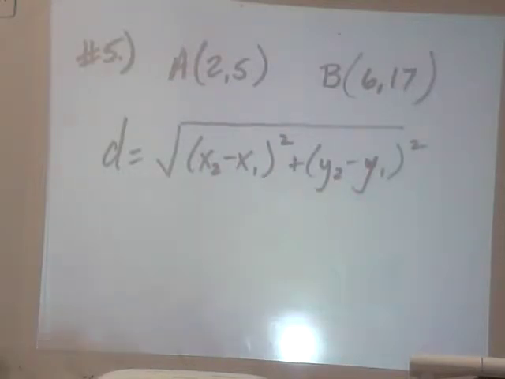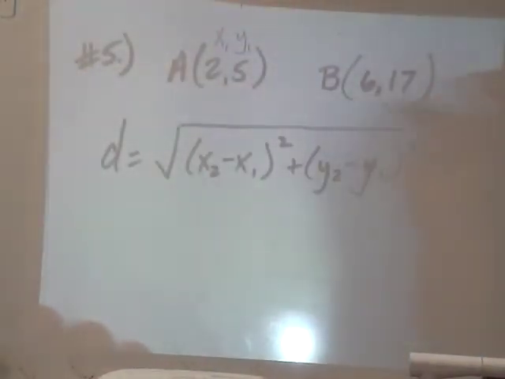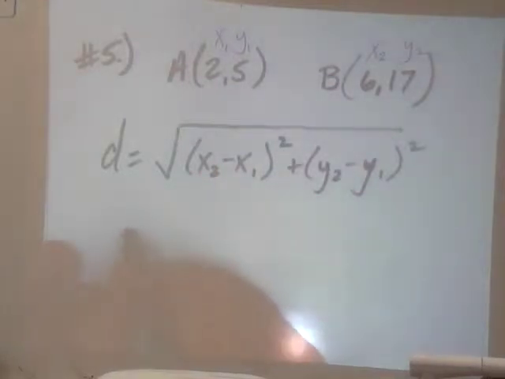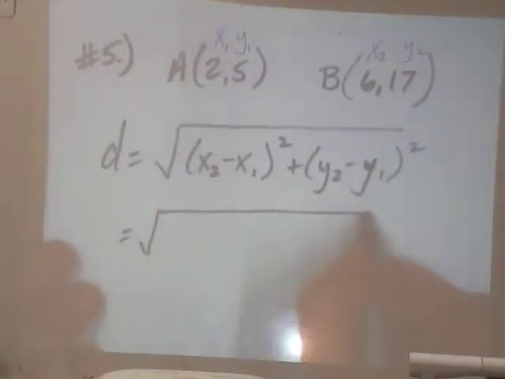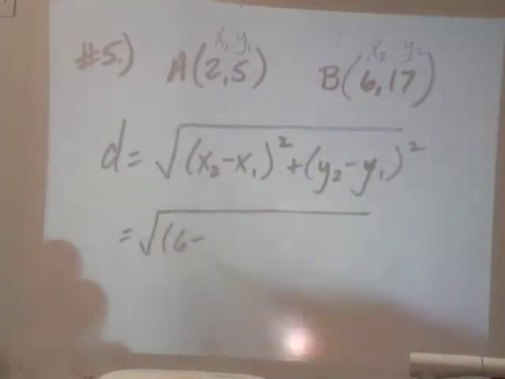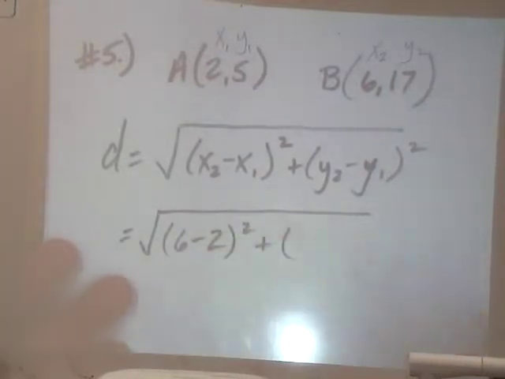If you tend to mess up on these, I would label your points. A is our first point they gave us, so I'm going to call that x1, y1. B is the second point, so it gets the 2's, x2, y2. And we'll plug it in. x2 is 6, x1 is 2 squared. 17 minus 5 squared.